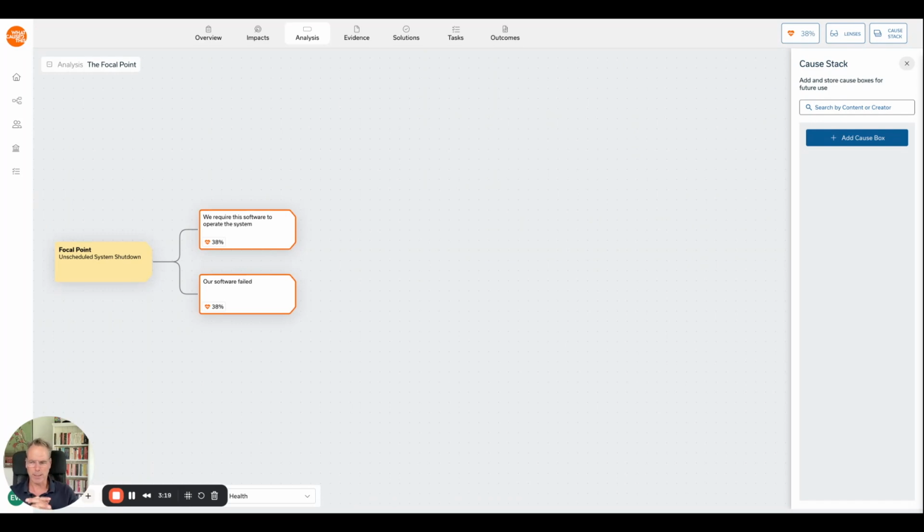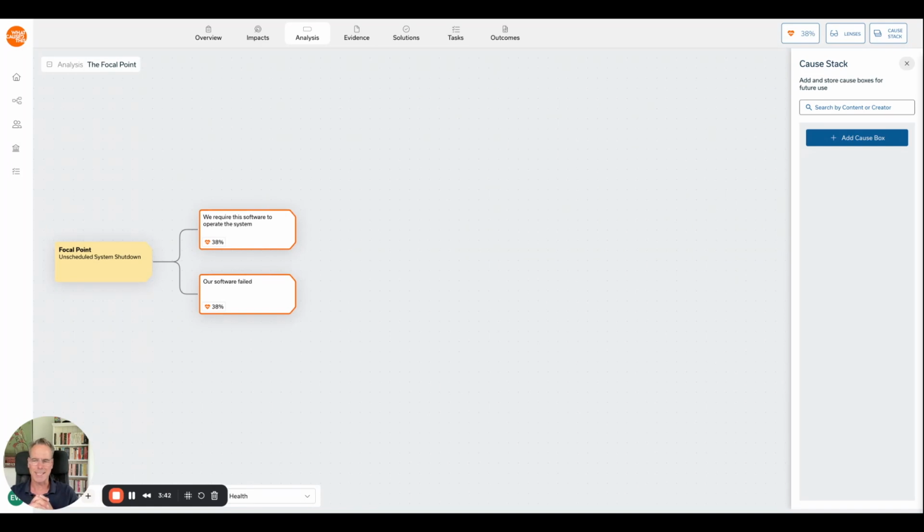But what I'm going to do now is go into that focal point and put a bit more clarity around it, because actually this investigation, this RCA in fact, is taking place not really purely because the system shut down. It's because the system shut down for a period of time that created significant impacts for the business.